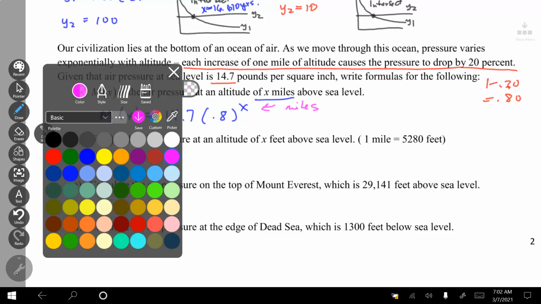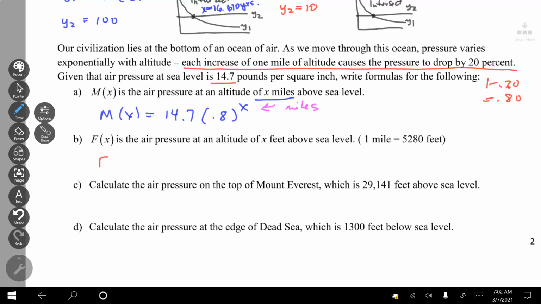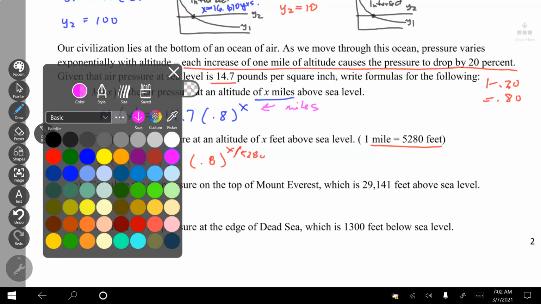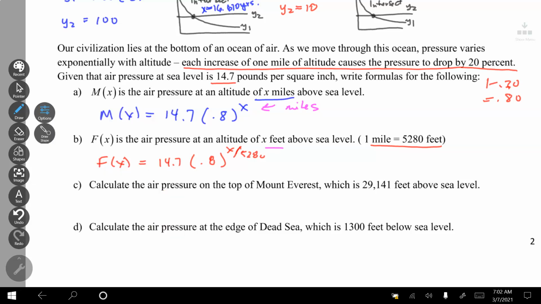Well, if I want to convert it to how air pressure changes per foot, I have to convert miles into feet by 14.7 times 0.8 to the x over 5280. Now, this x value stands for how many feet I have.